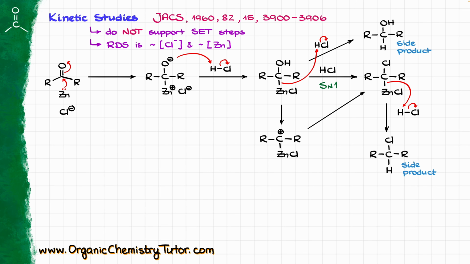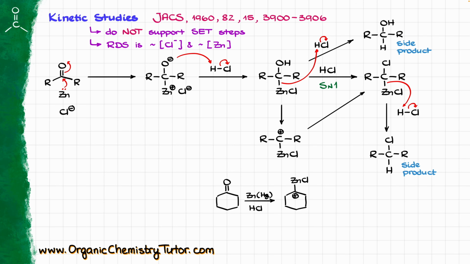And another piece of evidence that we have for this carbocationic species is that we know that if we have carbocations, we often see carbocation rearrangements. And do we have those in these reactions? We absolutely do. And on top of that, we have E1 style eliminations giving us alkenes. So if, let's say, I bring cyclohexanone and I subject that to the Clemmensen reduction style reaction, then the intermediate here is going to be the following carbocation.